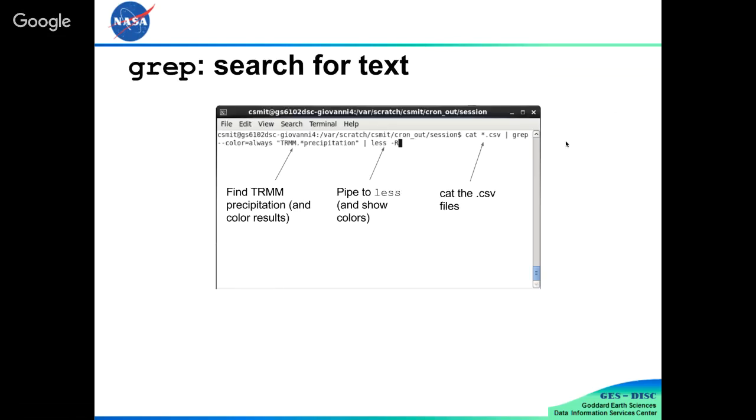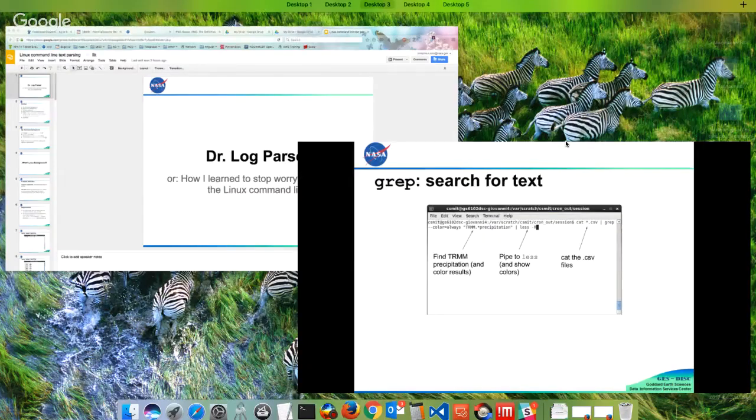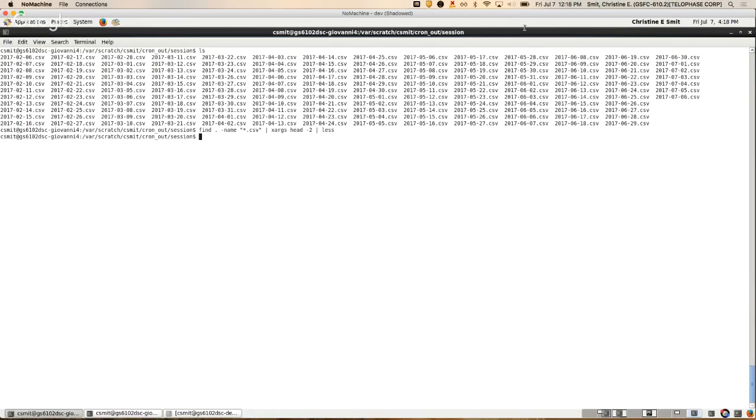grep. Okay. So the next extremely useful tool in your arsenal is grep. There's going to be some gratuitous catting here, because I'm pointing out that you can have these commands one after another.